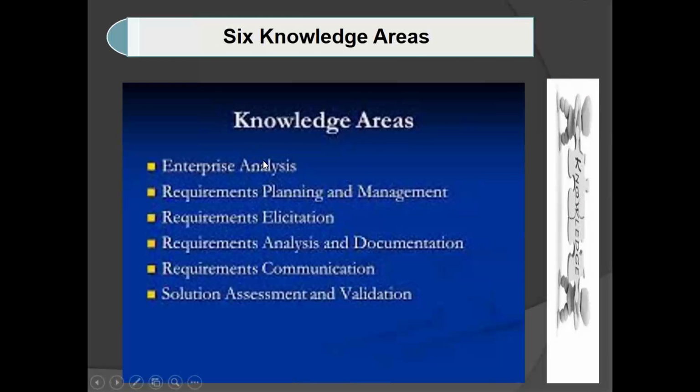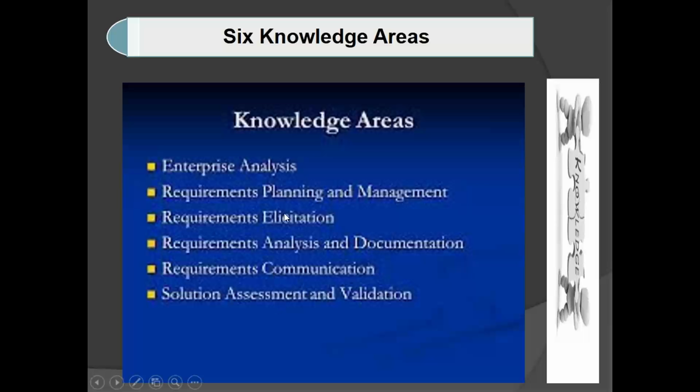So what are those 6 knowledge areas? Enterprise analysis, then requirement planning and management, then requirement elicitation, then requirement analysis and documentation, and requirement communication, and solution assessment and validation.